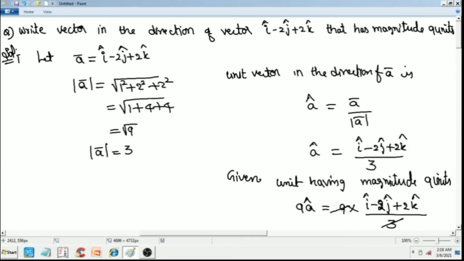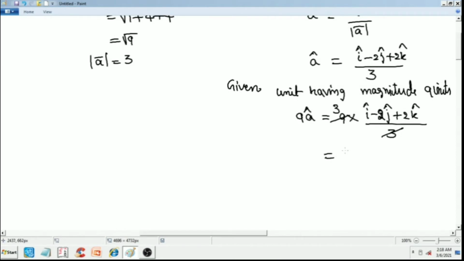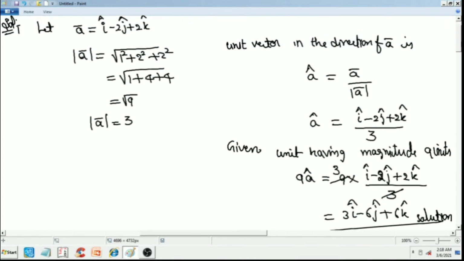Dividing, 9 by 3 is 3, so this is the final answer: 3i, 3 twos are 6j plus 3 twos are 6k bar. This is the required vector.